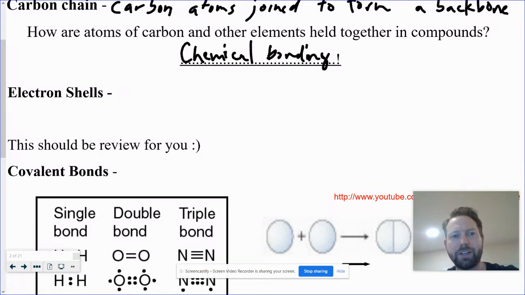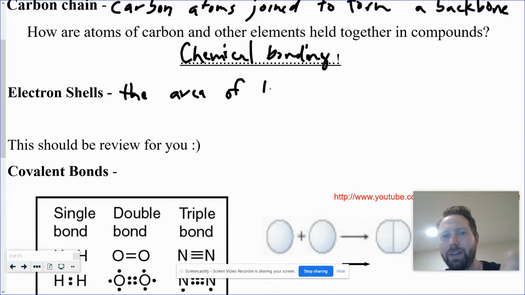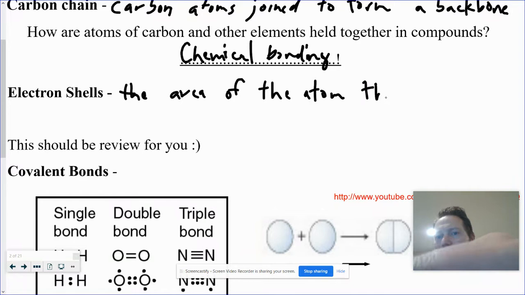So the electron shells, again, if this is a review, then great. If you remember this, awesome. Electron shells are the areas of the atom that hold electrons.